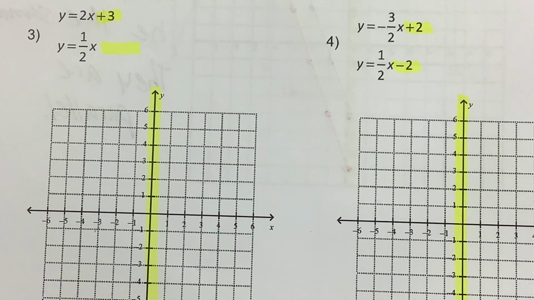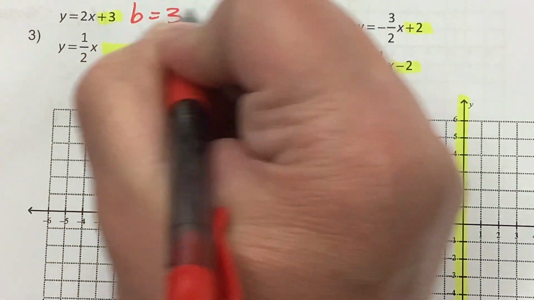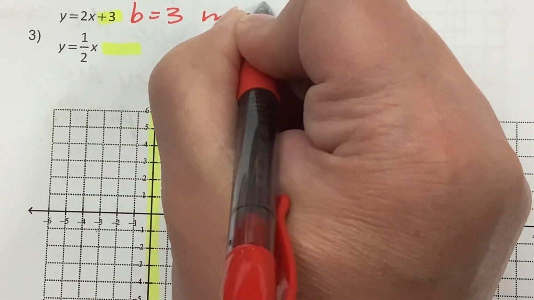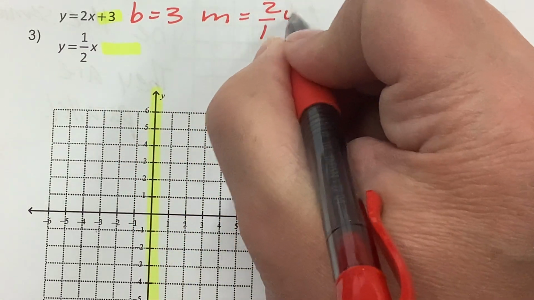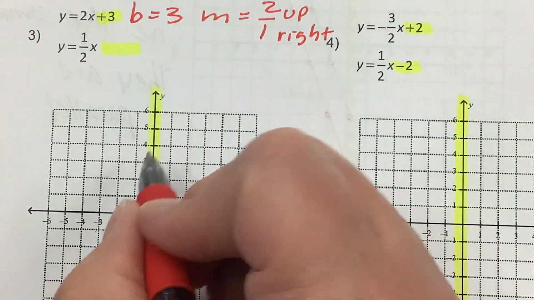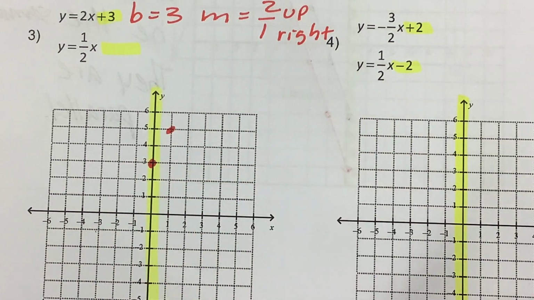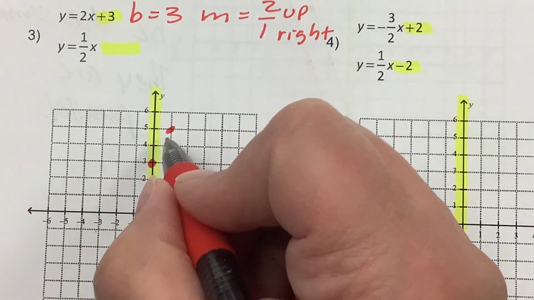All right, the next equation. Begin at the back with the b. b equals 3. And I have a slope m of 2, put it over 1. So 2 up, 1 right. Begin at 3. 2 up, 1 to the right. Don't have enough. I want to go and do the opposite.